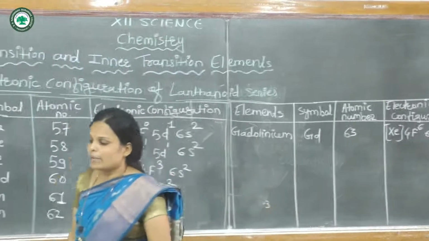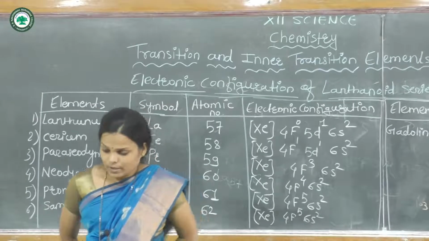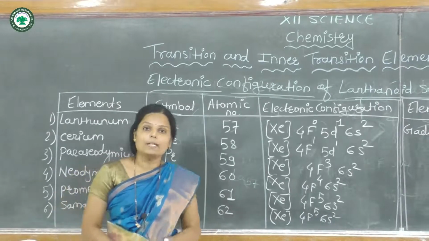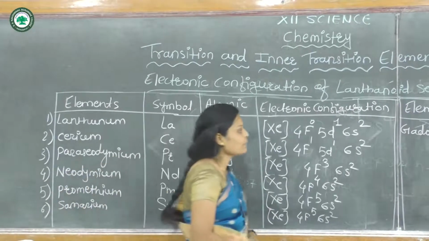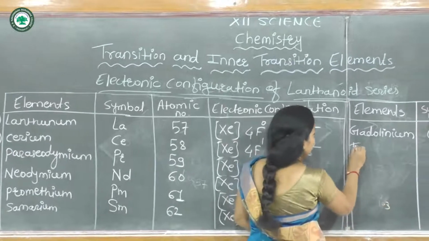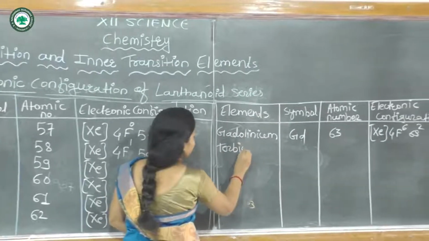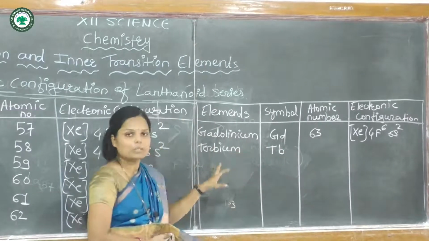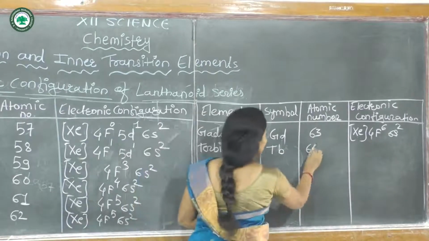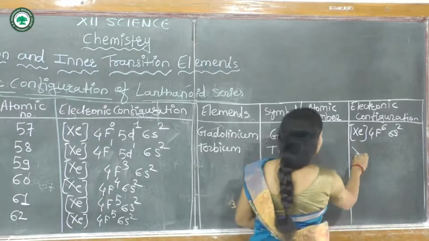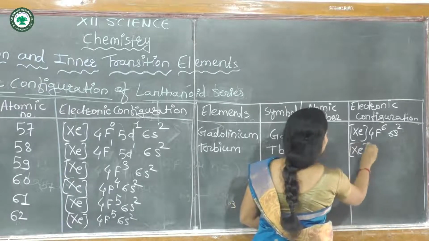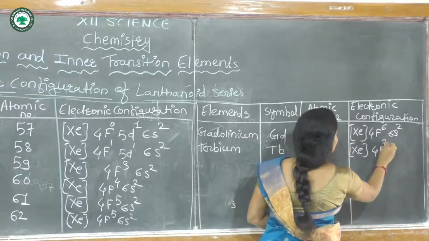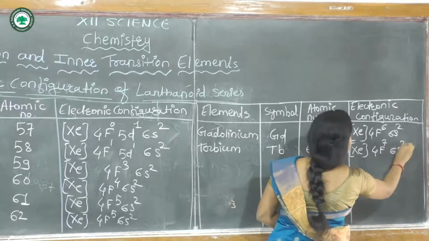The next element is terbium, denoted by Tb, capital T and small b. The atomic number of terbium is 65, and the electronic configuration is xenon, 4f9 and 6s2.